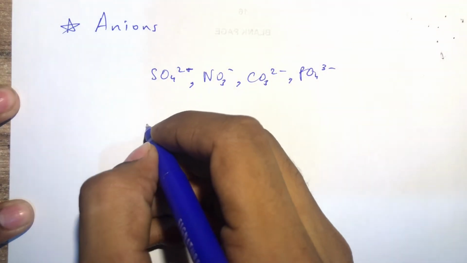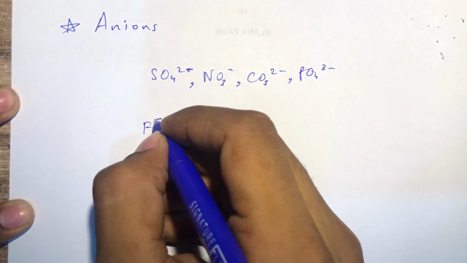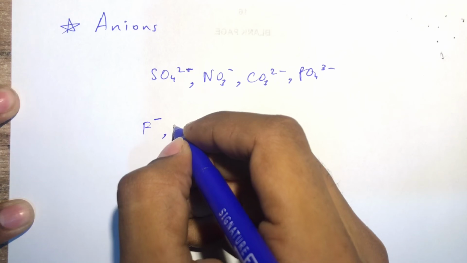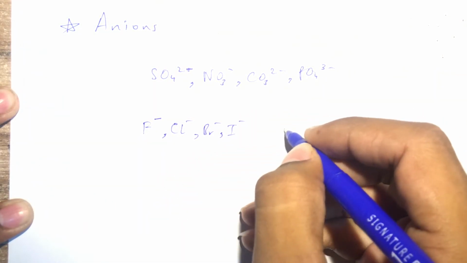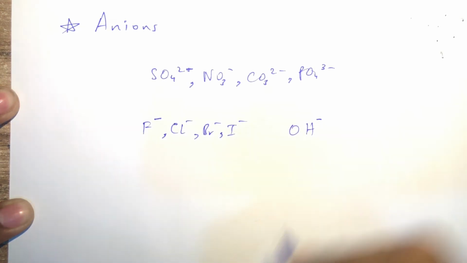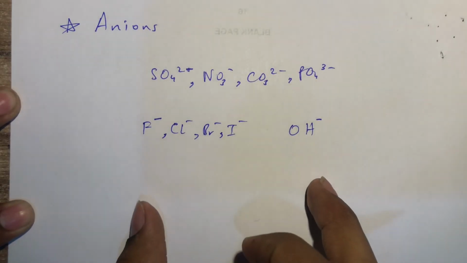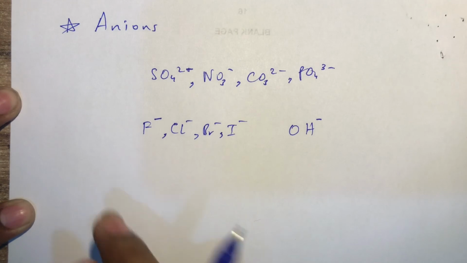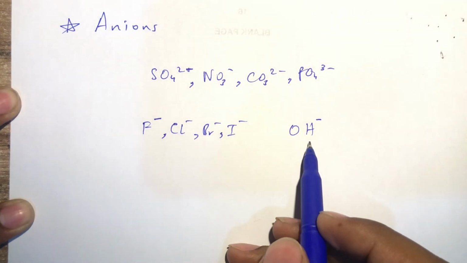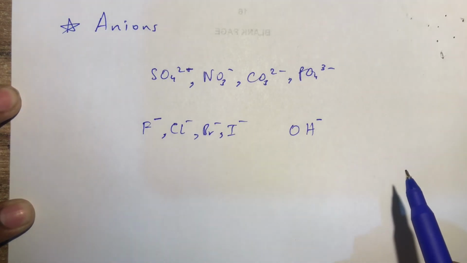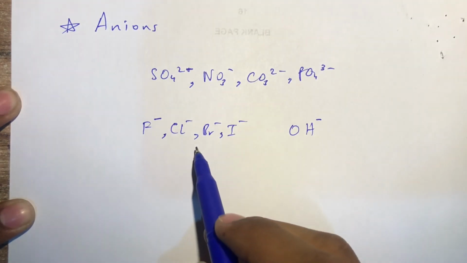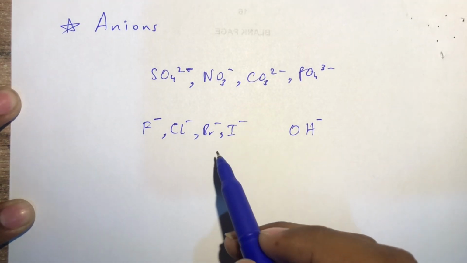After that there are the halides, fluoride, chloride, bromide, iodide, and then there's hydroxide. So usually there's either hydroxide with one of the oxo ions, in that case hydroxide discharges, or there's hydroxide with one halide, in that case the halide ion discharges.